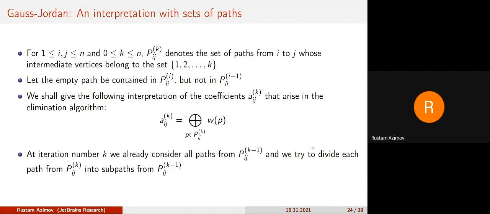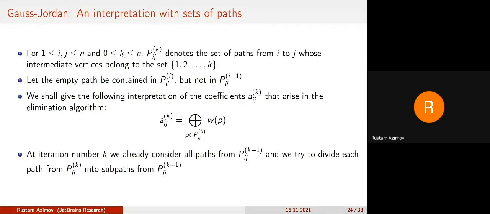And let me give you some intuition about this. In any algebraic path problem, we consider the set of all necessary paths and compute their weights. So how will we explore our graph and consider different paths?